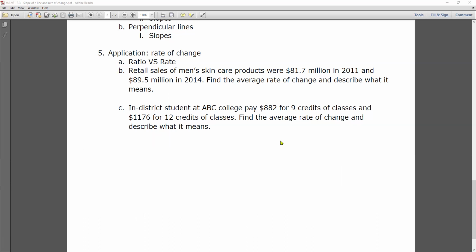Part B, the retail sales of men's skincare were 81.7 million in 2011 and 89.5 million in 2014. Find the average rate of change and describe what it means. Again, average rate of change means slope. So which means we need 2 points. So we need 2 points to find slope.